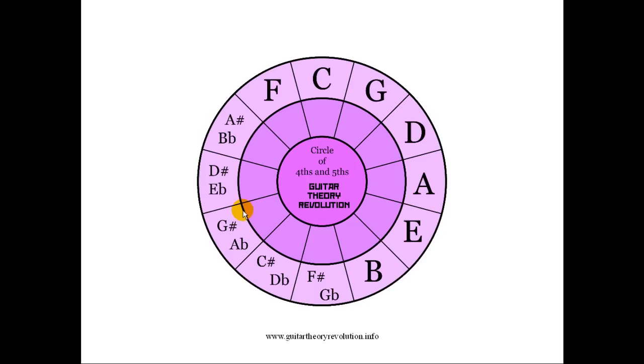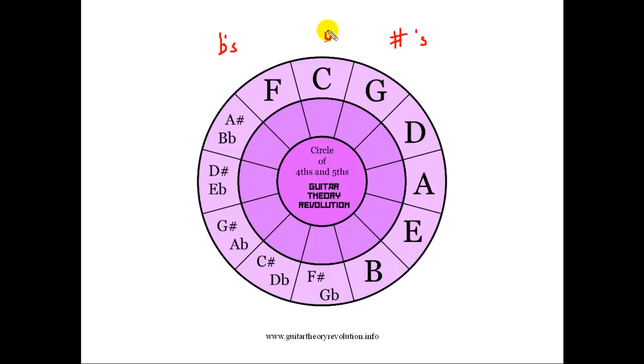Now I suggest you practice writing out or drawing out this diagram, and then you practice just writing down how many sharps and flats there are in each key. So this side is sharps, and this side is flats. And it's easy enough.